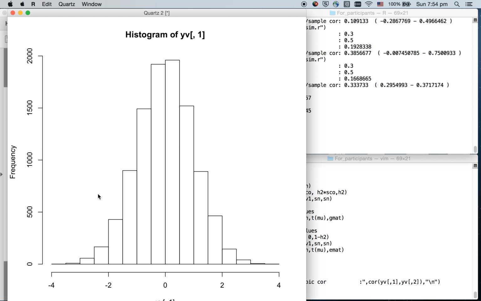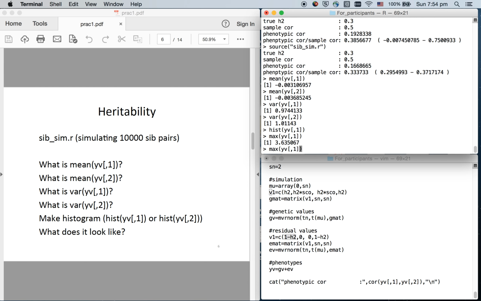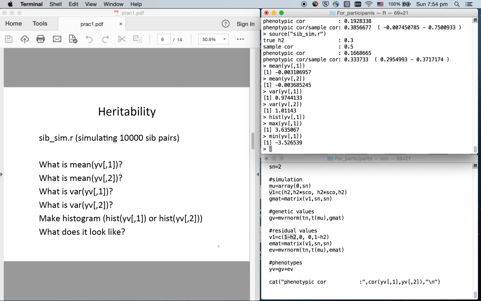So this is the variance. Also you can have a look at the maximum of y1, the first sib's phenotypes, that's 3.6. What is the minimum value? That is negative. Also there are 10,000 records for each sib, but you can compare the first 10 records.